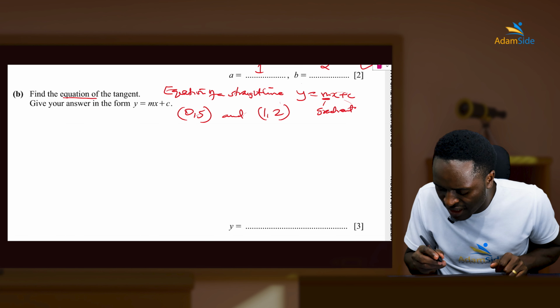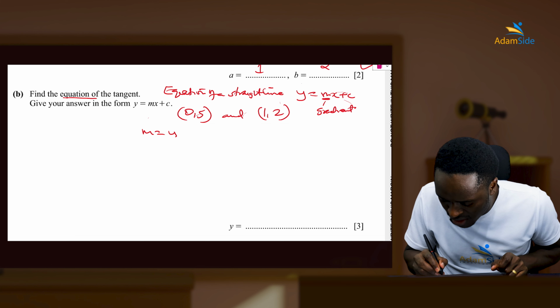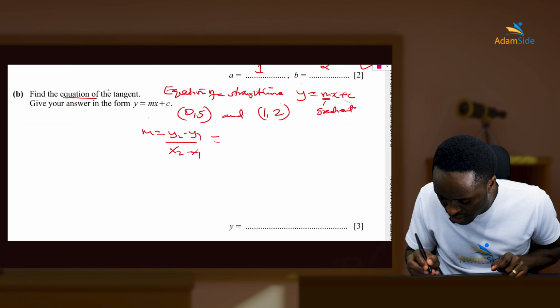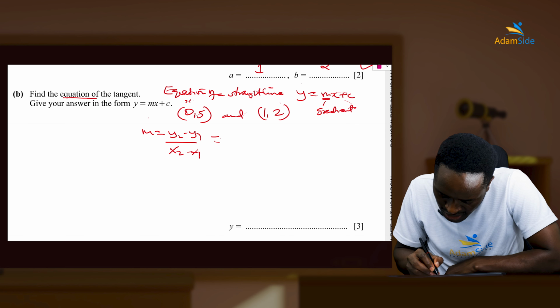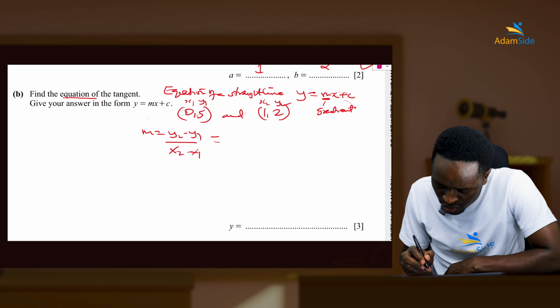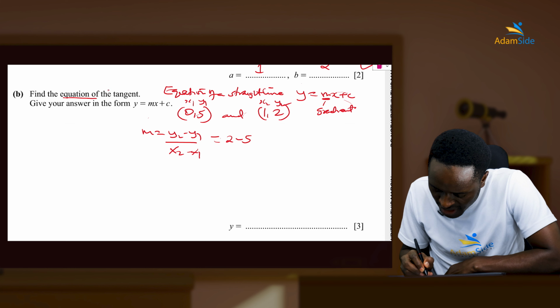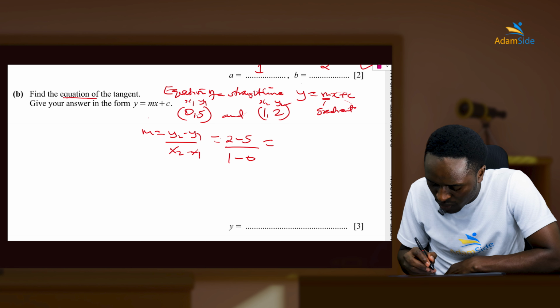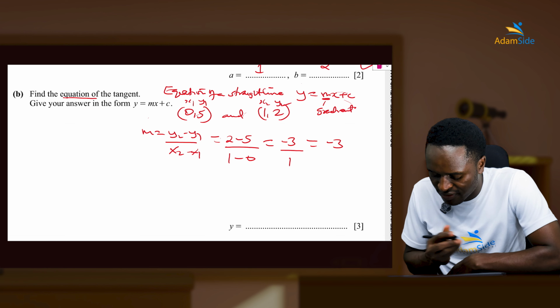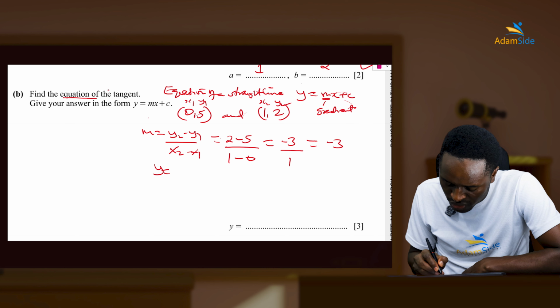Gradient is the change of y: y2 minus y1 over x2 minus x1, where we call these x1, y1 and x2, y2. So 2 minus 5 over 1 minus 0. 2 minus 5 is minus 3, over 1, which is negative 3.